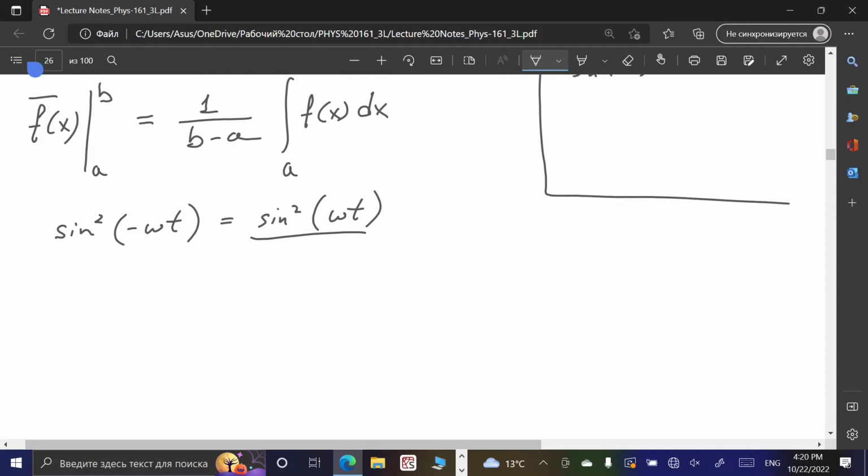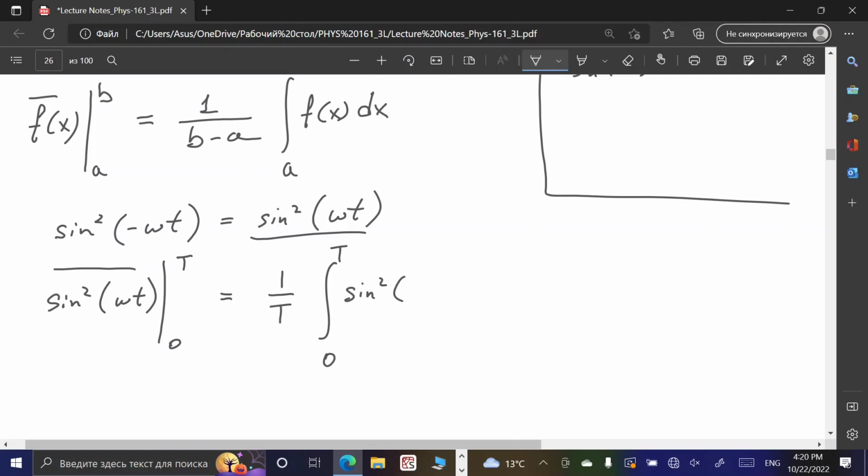So sine squared omega t, let's say average from time 0 to time T, will be equal to 1 over T times the integral from 0 to T of sine squared omega t dt.